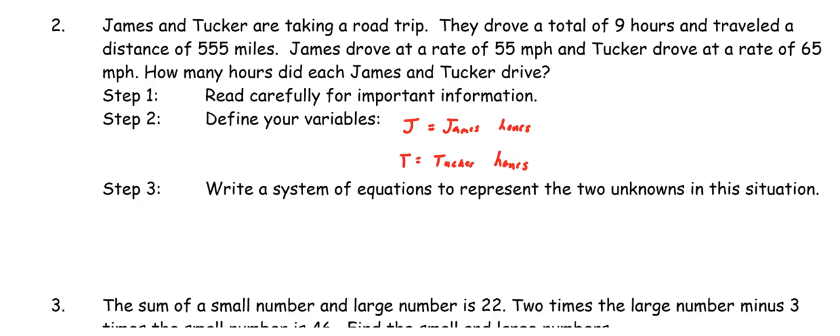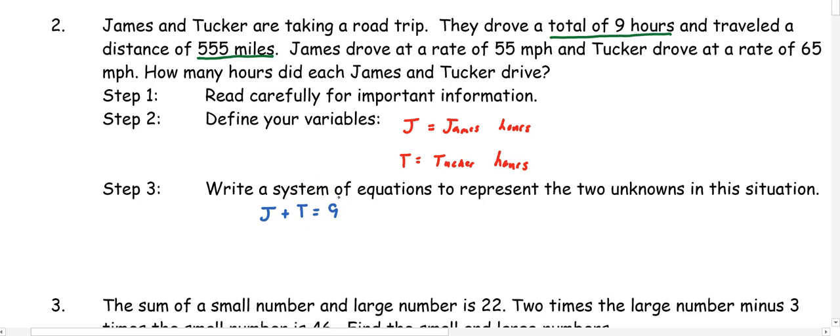Now, if we go back and look, we saw that they drove for a total of 9 hours and covered 555 miles. So we're going to have two equations, one set equal to each. So if we know that our variables are representing hours, we can say J plus T is equal to that total of 9 hours.